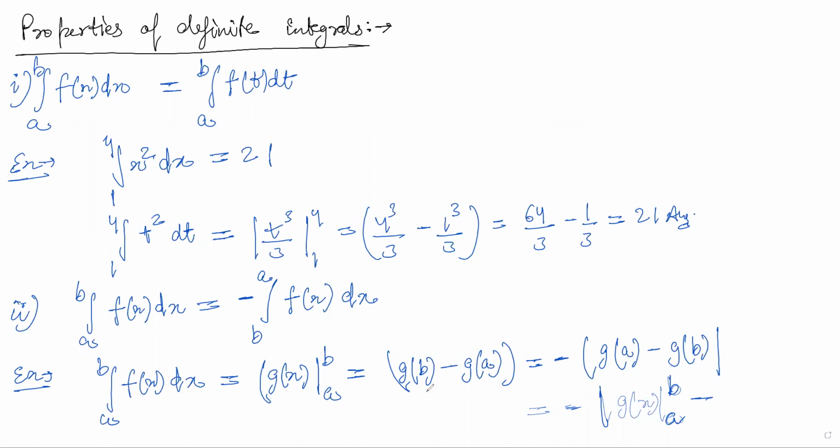Now see what I'm doing is I'm writing ga minus gb as gx from a to b. So if you solve this, you'll get this, right?